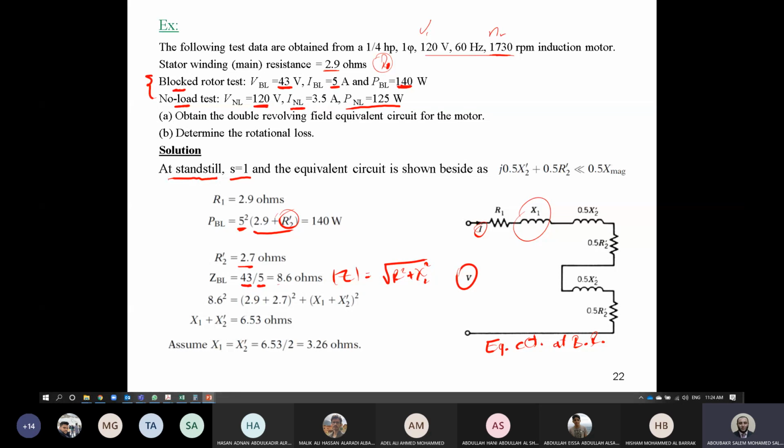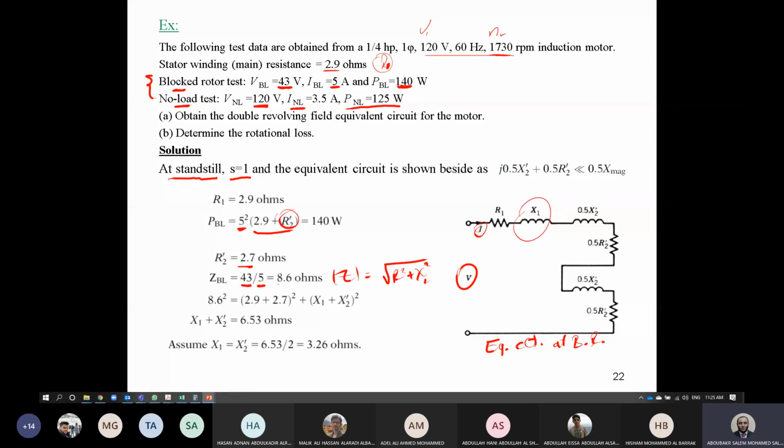Is it right? In AC, power equals VI times power factor, so the value of P here is different from VI, so it's an AC test, not a DC test. If it were a DC test, you would find that V times I equals power, and here it's not the same because it's AC. So the no load and blocked rotor tests are AC tests, not DC tests.